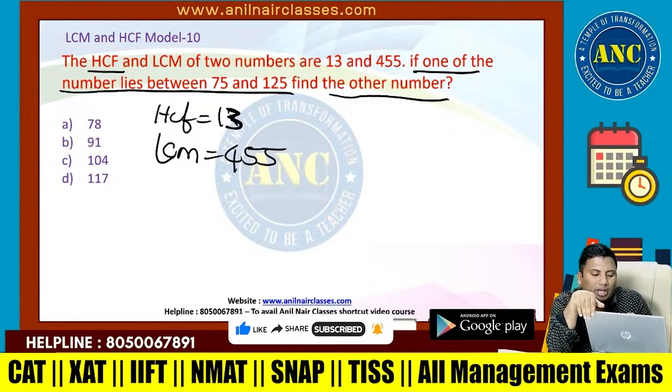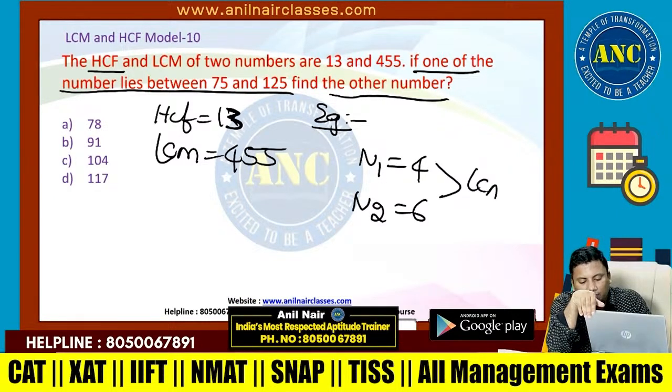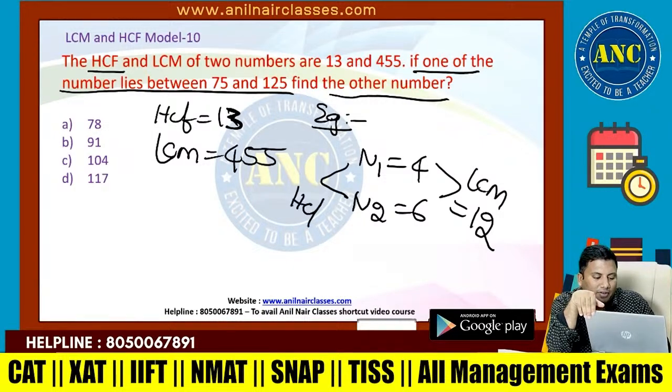You don't need to do anything. See this example. If N1 is 4, N2 is 6. What is the LCM? LCM is nothing but 12. What is HCF? HCF is nothing but 2.